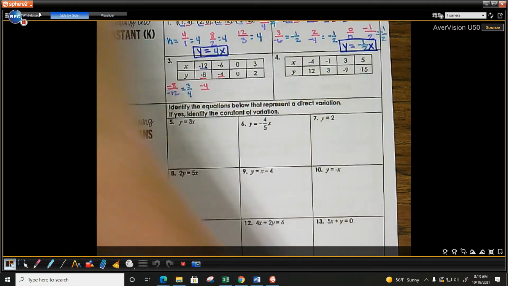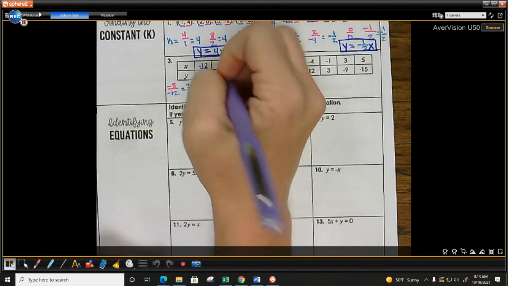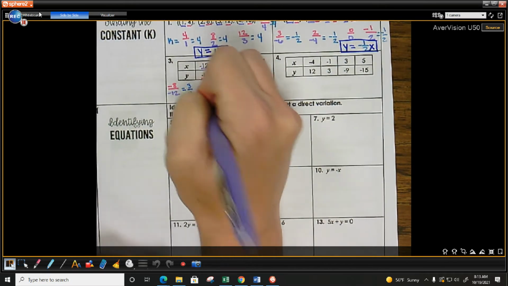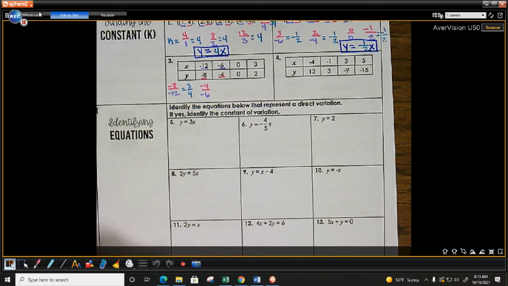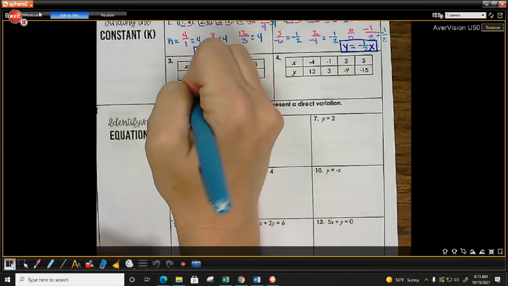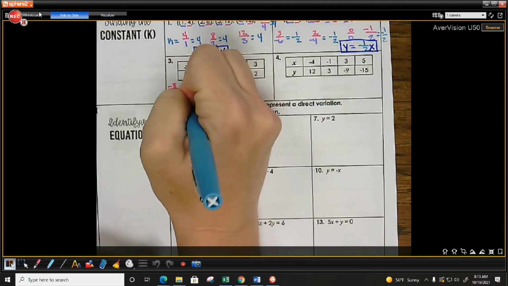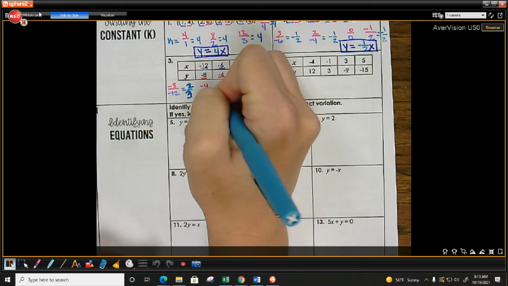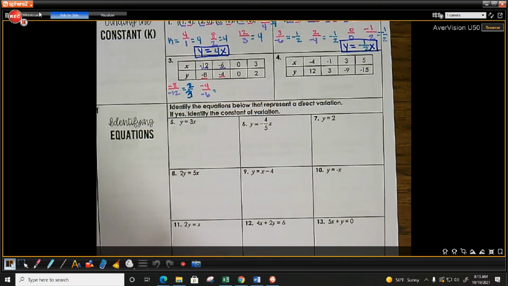Negative 4 over negative 6. Wait, 3/4? This should be 2/3, not 3/4. Okay, what's negative 4 over negative 6?